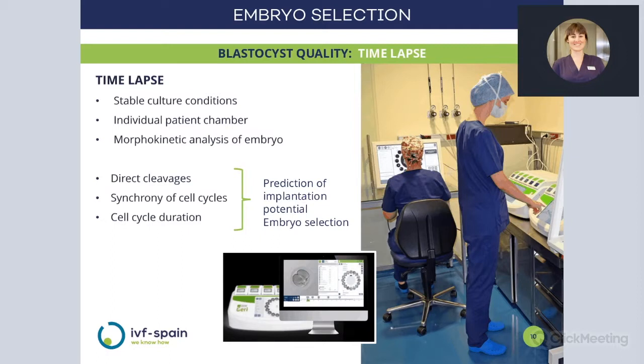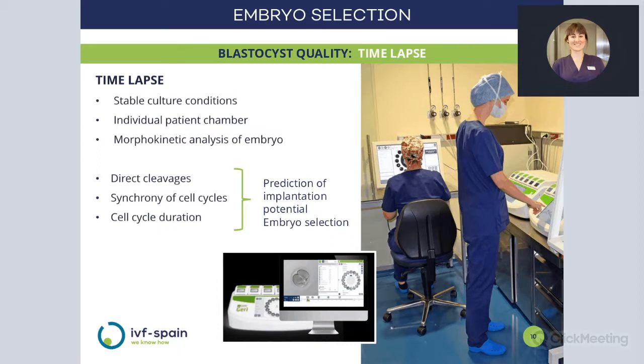And since we can look at the embryos on a computer, we do not need to open the lid, take the embryo out, and place it under the microscope. We do not need to disturb its stable culture conditions, because embryos, of course, need a special temperature, a special oxygen concentration, a special CO2 concentration.